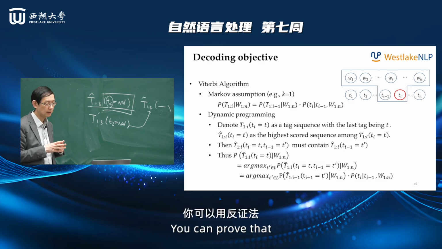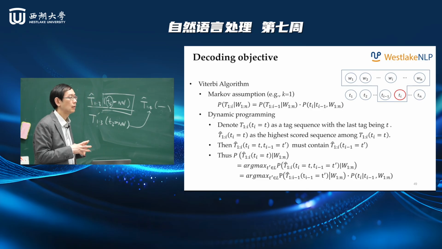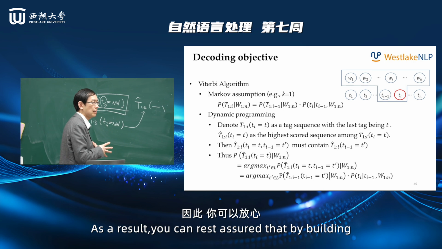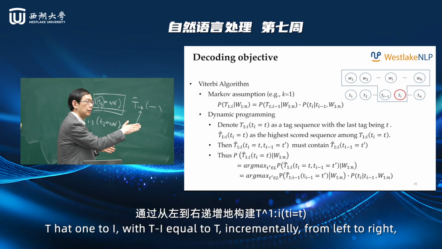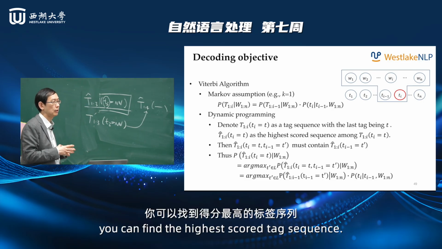You can prove that by contradiction. As a result, you can rest assured that by building t-hat_1 to i with t_i equal to t incrementally from left to right, you can find the highest scored tag sequence.